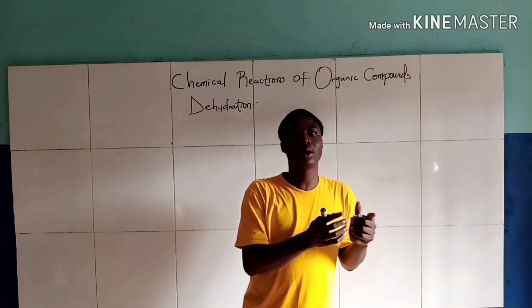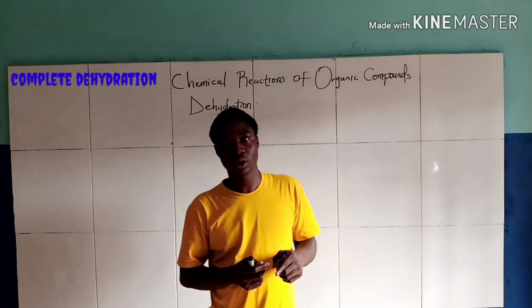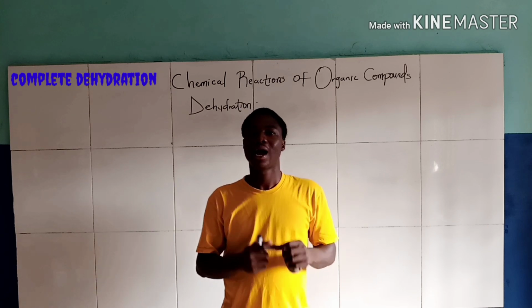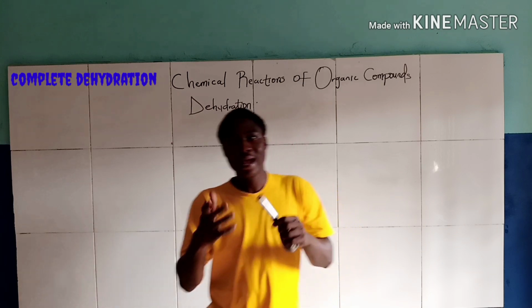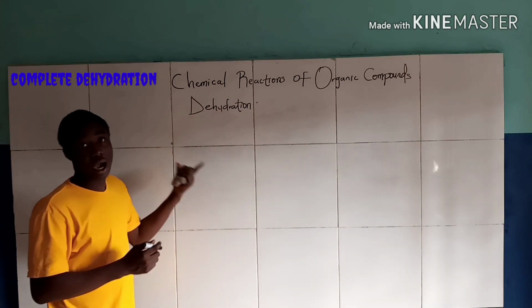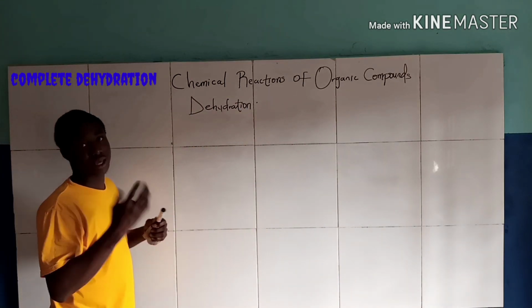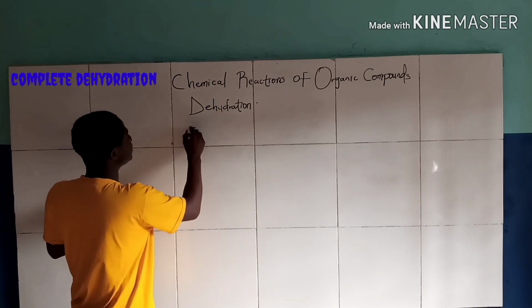Now, let's talk about the complete dehydration of alkanols. Alkanols are also called alcohols. Let's take an example of an alkanol. Let's use ethanol for example. This is ethanol.